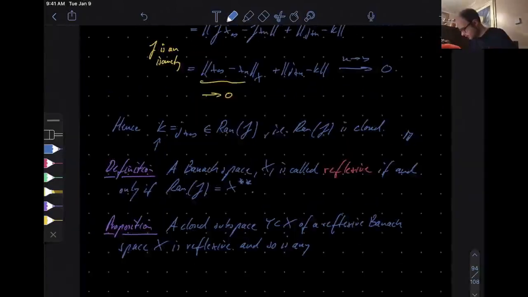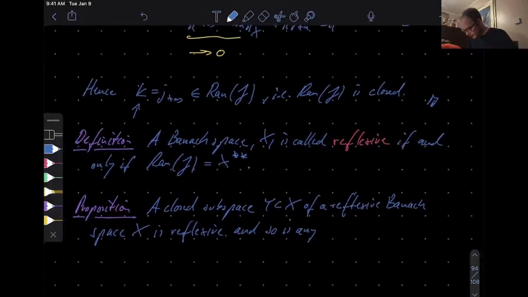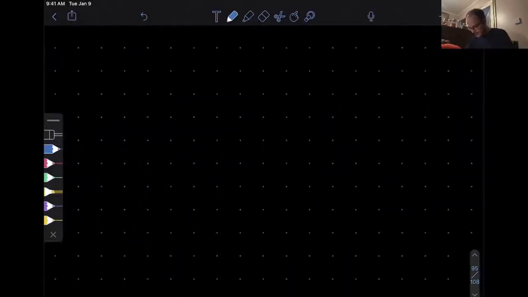And so is any Banach space isomorphic to X.